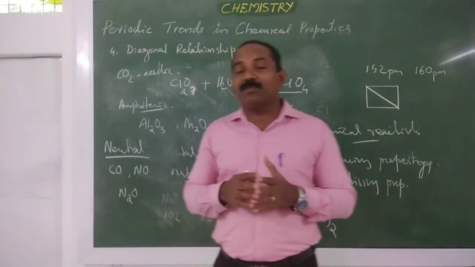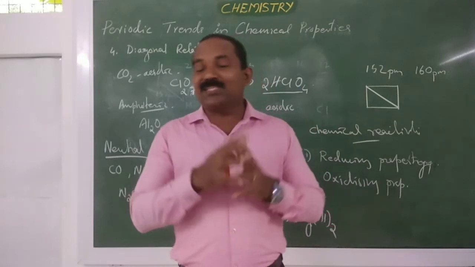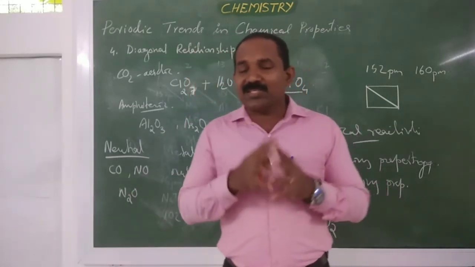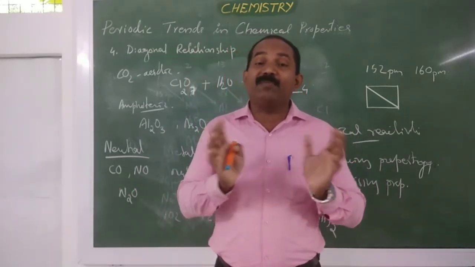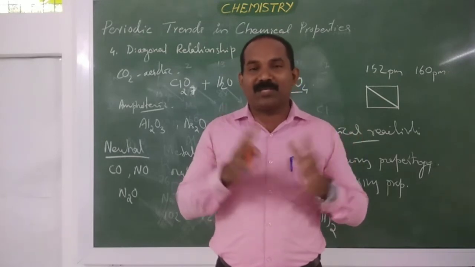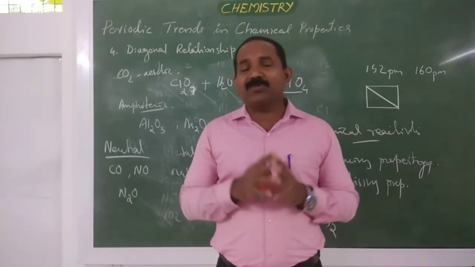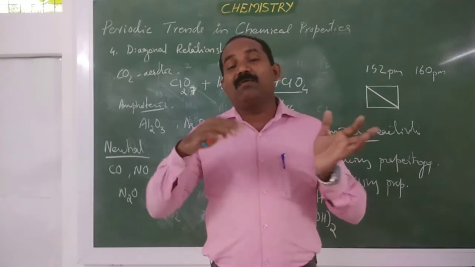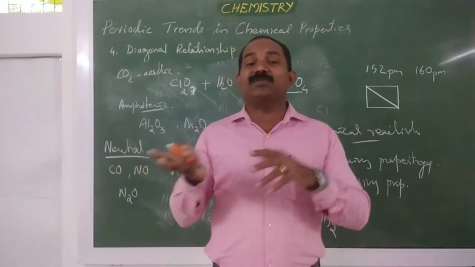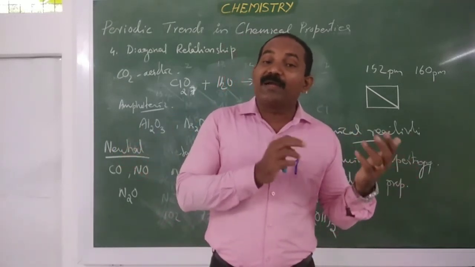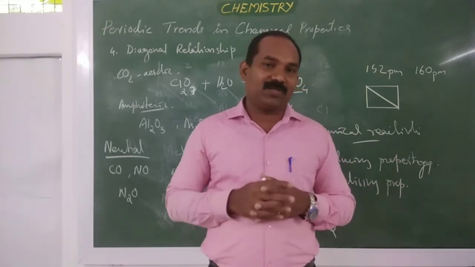Then we come to the transition metals. Transition metals show variable valencies and variable oxidation states, because they involve the valence shell s electrons as well as the d electrons in the penultimate shell.